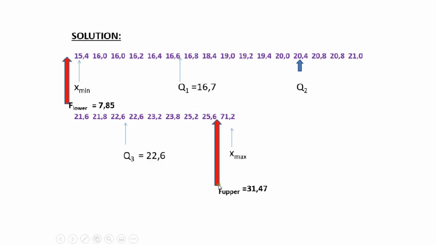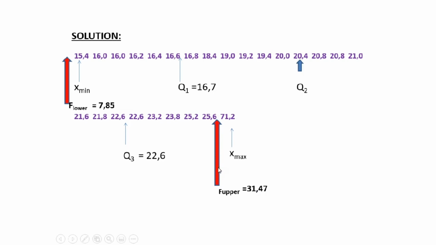However, when we go to the other end, where we see the upper fence, you can see that 31,47 is the upper fence. And if we position 31,47 on the arranged data, you'll see that it will exist between 26,5 and 71,2.